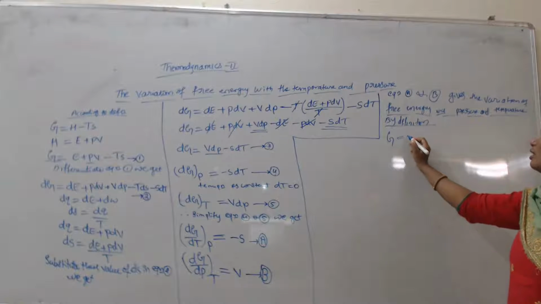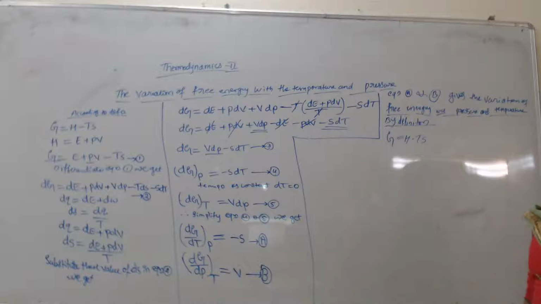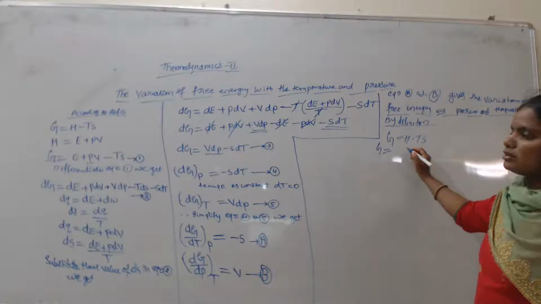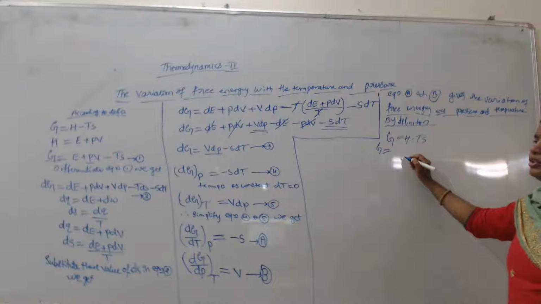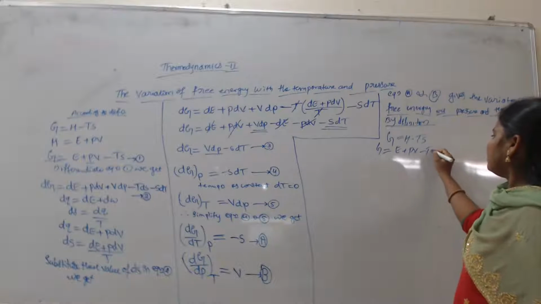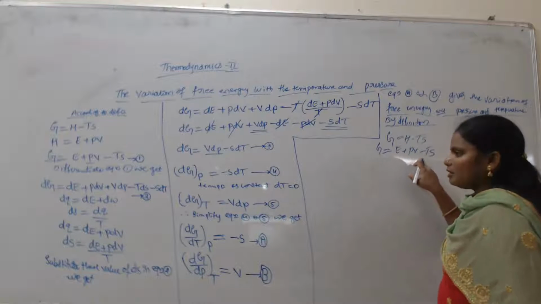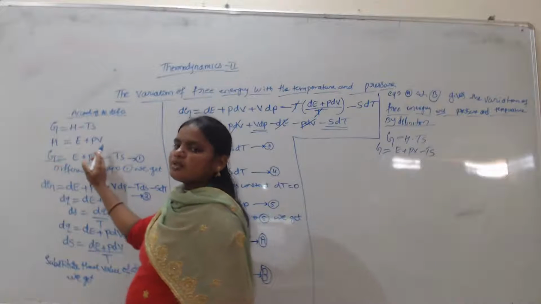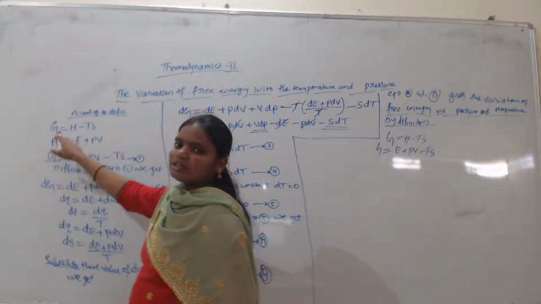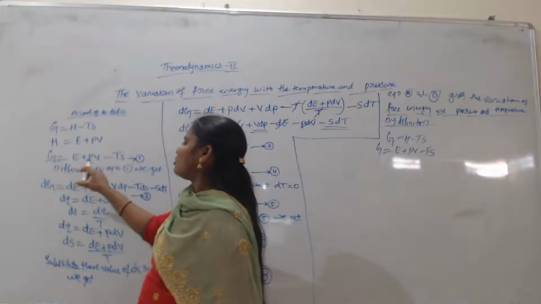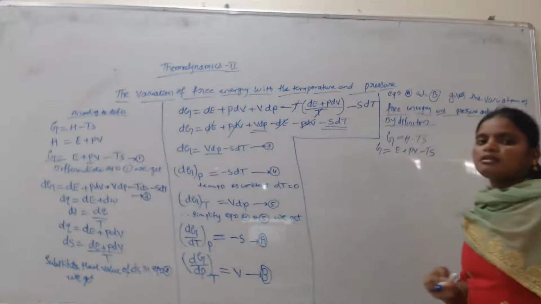Because H is E plus PV, substituting the H value in this equation, we finally get G is equal to E plus PV minus TS.